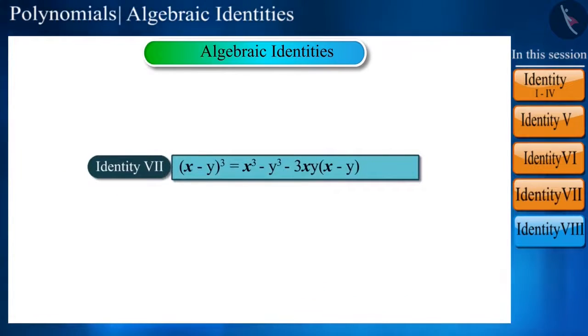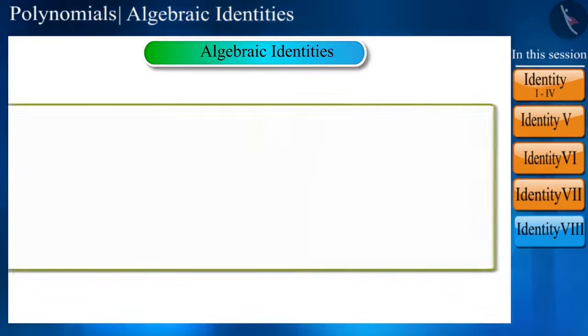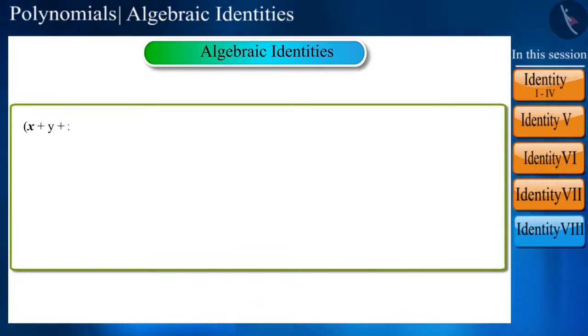And now let's move towards the last identity of this session. (x + y + z) into (x² + y² + z² − xy − yz − xz). It looks a bit different in its extended form.